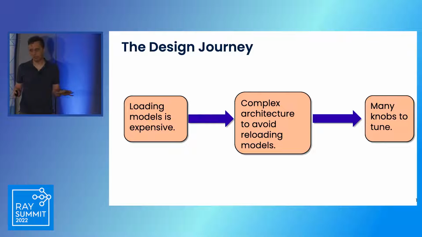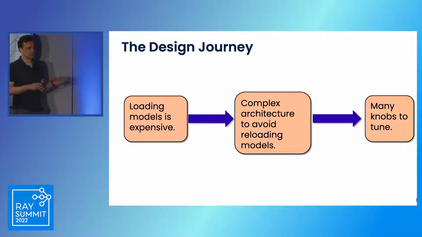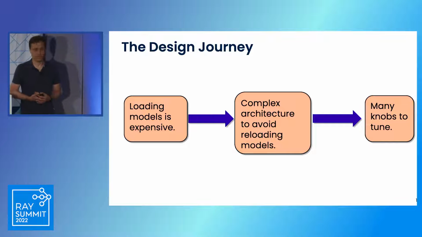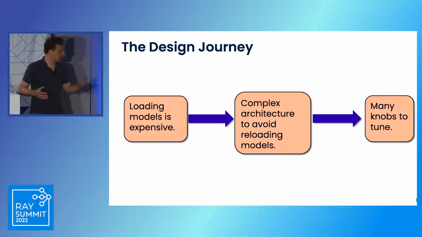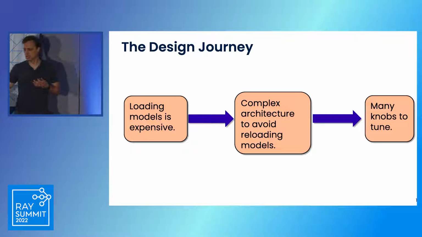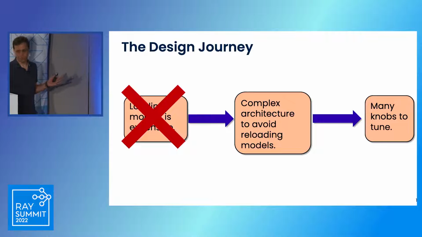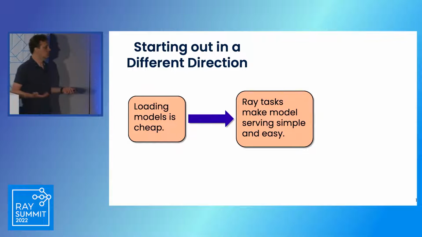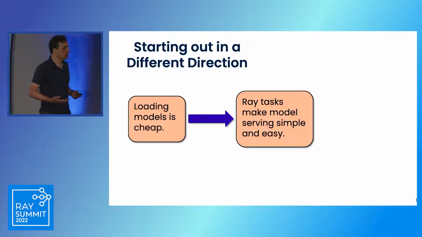And now there are a lot of talks in this conference that are going to talk about how you manage that complexity. In today's talk, what I would like to do is try a different direction. Try literally taking this journey in a different direction. Instead of starting out with loading models is expensive, let's try starting out in a different way. Let's try starting out by making loading models cheap.